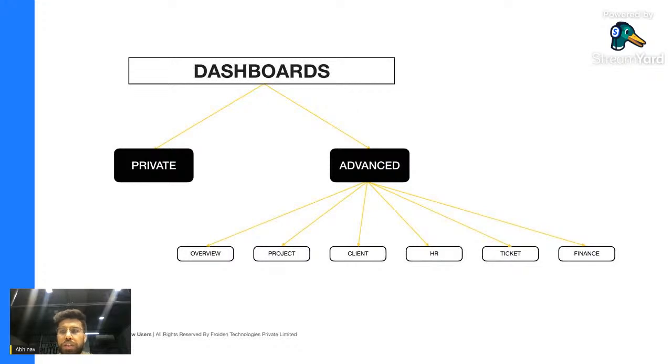You can change the date range for the information you want to see from here. And for every dashboard, you can choose how many widgets you want to see for that particular dashboard. You can choose it over here.